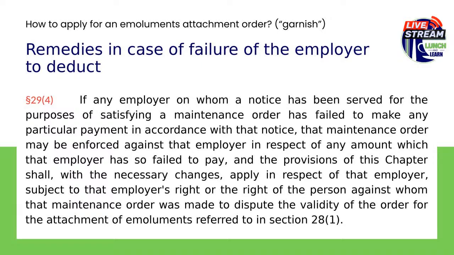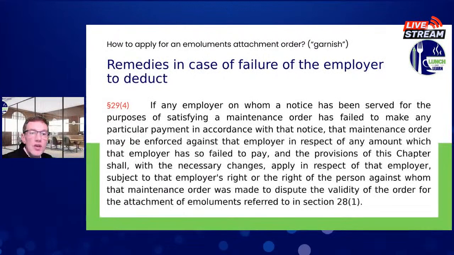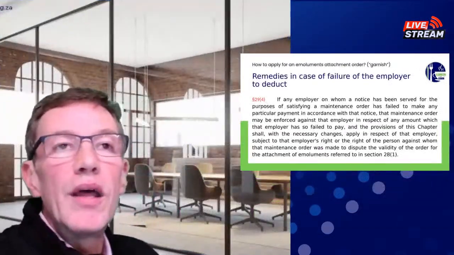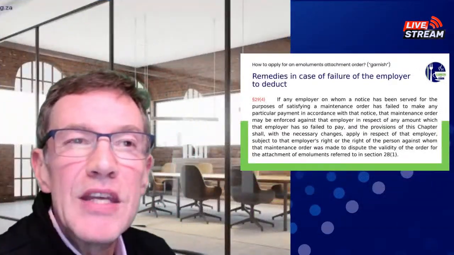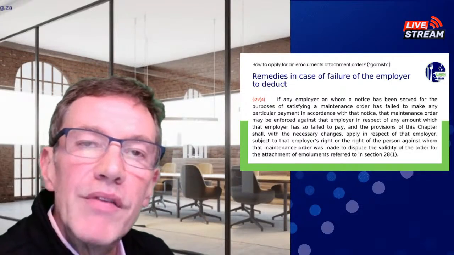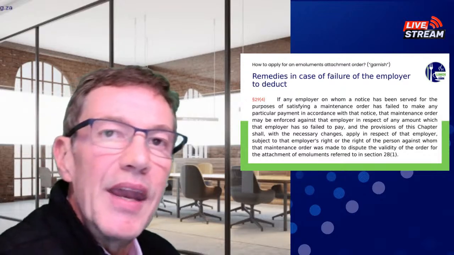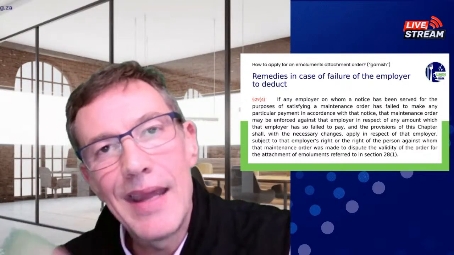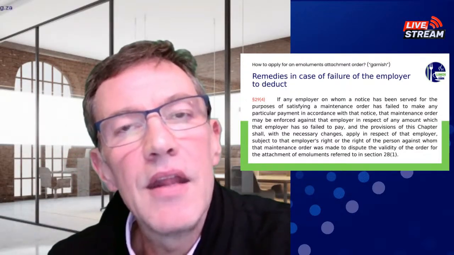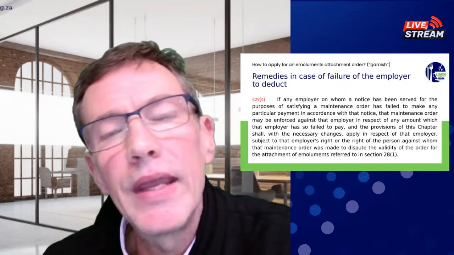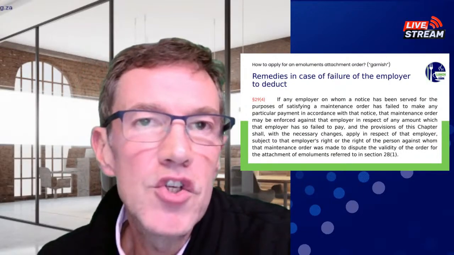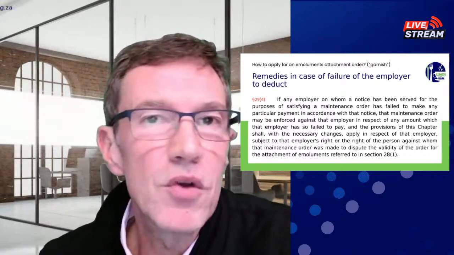In practice, I've dealt with numerous cases where a garnishee order has been served on the employer. The employer just drags their feet, or they simply do not pay over the money. And then the parties come to my office and I issue a warrant of execution against the employer, forcing the sheriff of the court to go to that workplace and attach furniture.